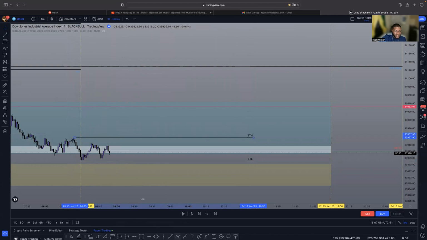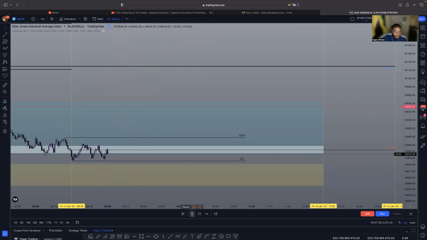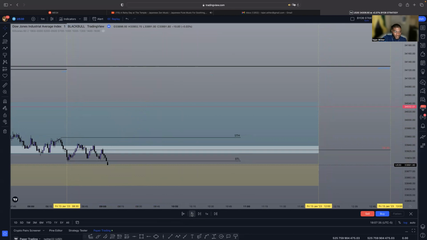Now, what I want to see is price trade below this double bottom, trade away, so we can take price higher. All right, boom, right there.